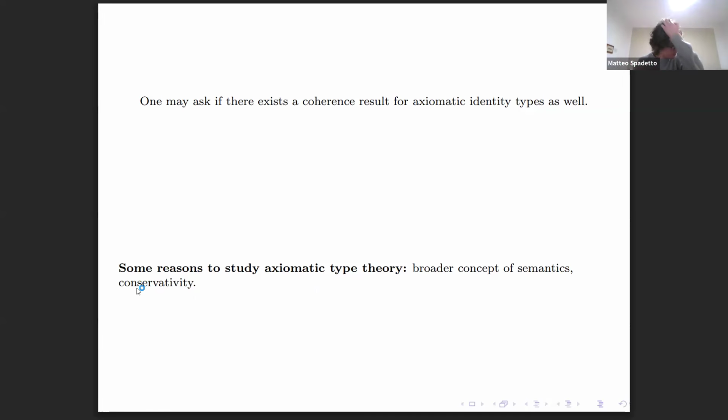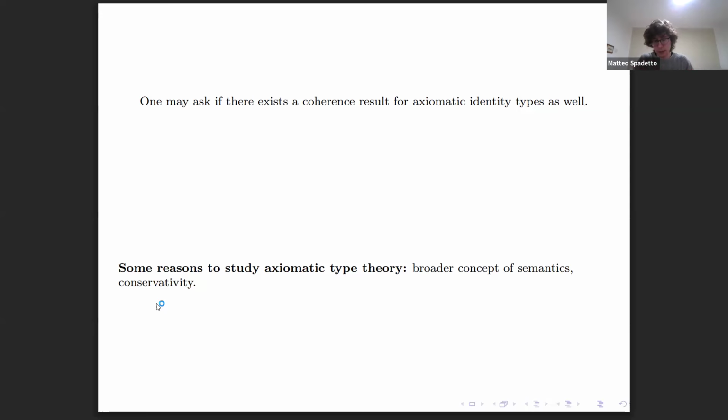Then, this is not unrelated from the other reason that people believe. It is still a conjecture, there are some preliminary results, but there is a strong belief that axiomatic Martin-Löf type theory is conservative.